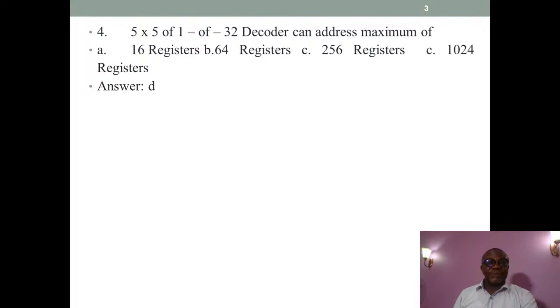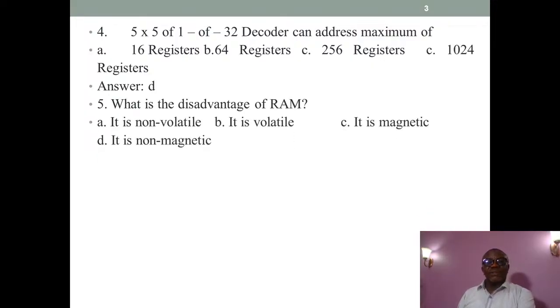So sorry for that. Question 2: what is the disadvantage of a RAM? In the first instance, we say that RAM is random access memory, that we have 2 primary memories in a computer, the ROM and the RAM.